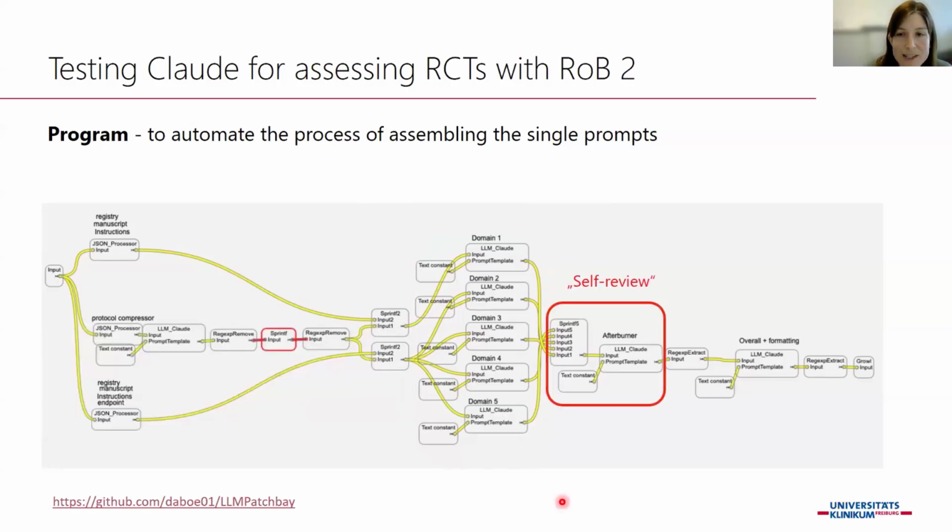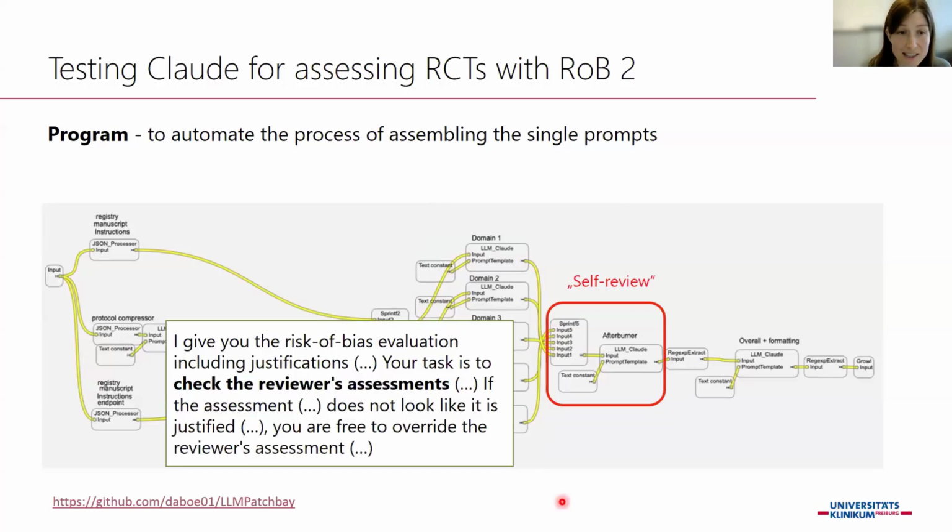The next step was that we prompted Claude to do some kind of self-check or self-review. This looked like this. We told Claude, I give you the risk of bias evaluation, including justifications. So these were the risk of bias evaluations Claude already produced for the 5 domains. Your task is to check the reviewer's assessments.